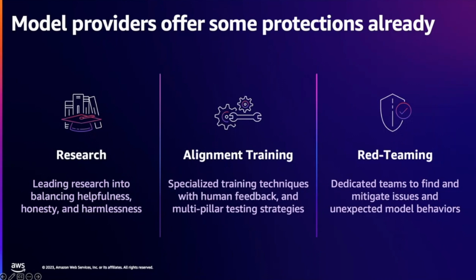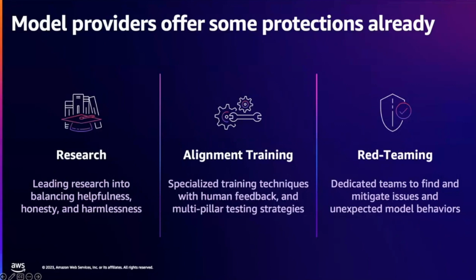And that happens because there are specialized training techniques with human feedback and a multi-pillar testing strategy that we implement out of the box, and all the large language models like Anthropic Claude or the Titan model, text to text or text to image, all of them have this in place already.